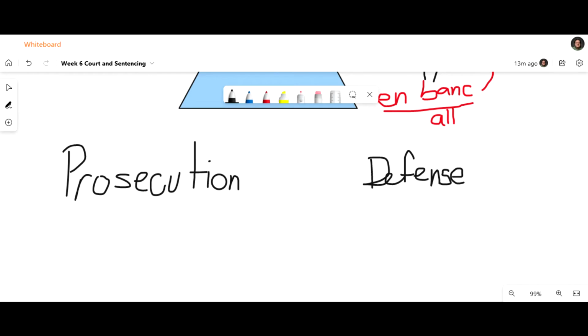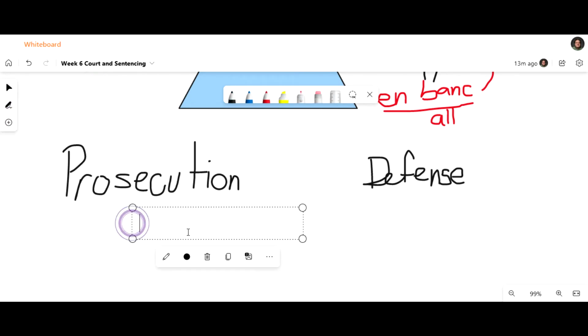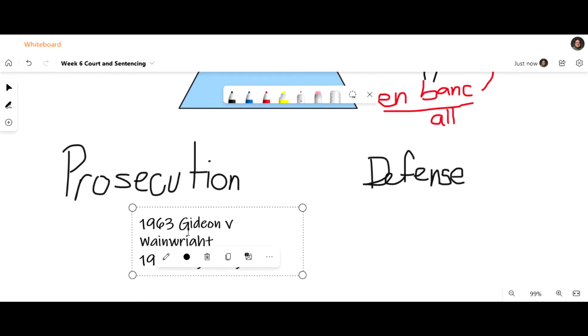But there are two cases that are mentioned, and I'm going to write them down because I can't find them right now in the text. And that is 1963 with Gideon versus Wainwright, and 1972's Argersinger versus Hamlin.